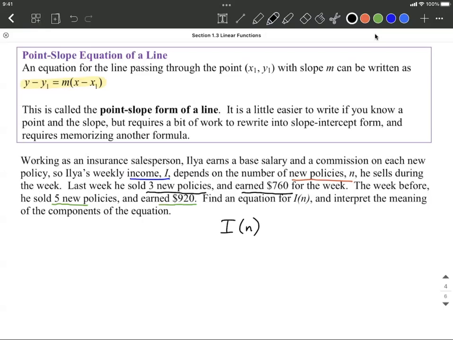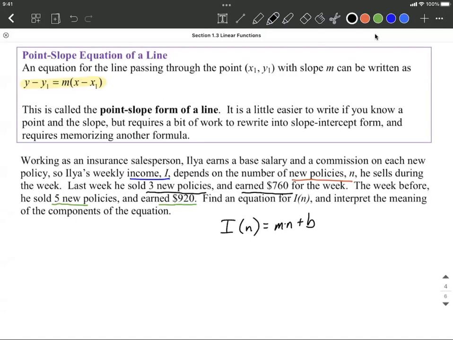As we get writing this, I'm going to write it out over on the right-hand side. As we think about this as being linear, normally it's y equals mx plus b. But in our case, m is our slope and n is our variable. b is the y-intercept. But to get to this form, I'm going to first start out with point slope format.